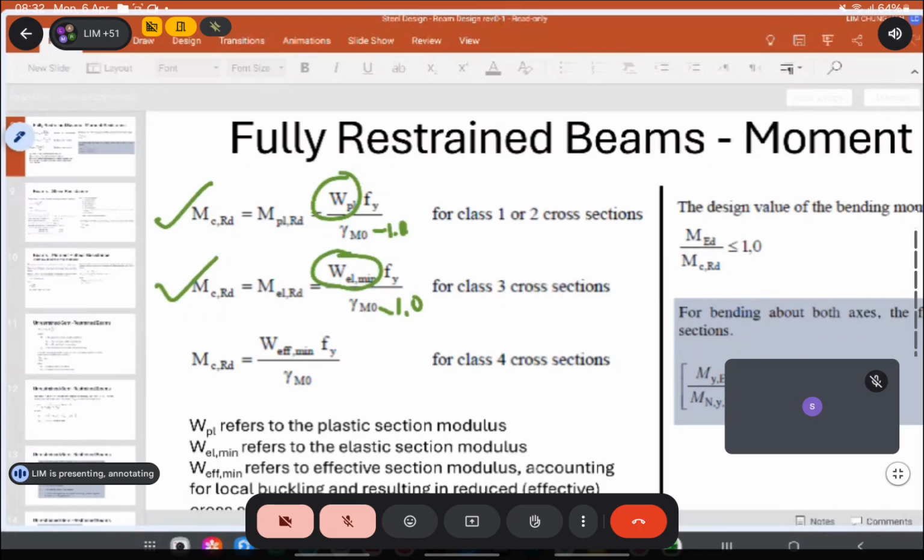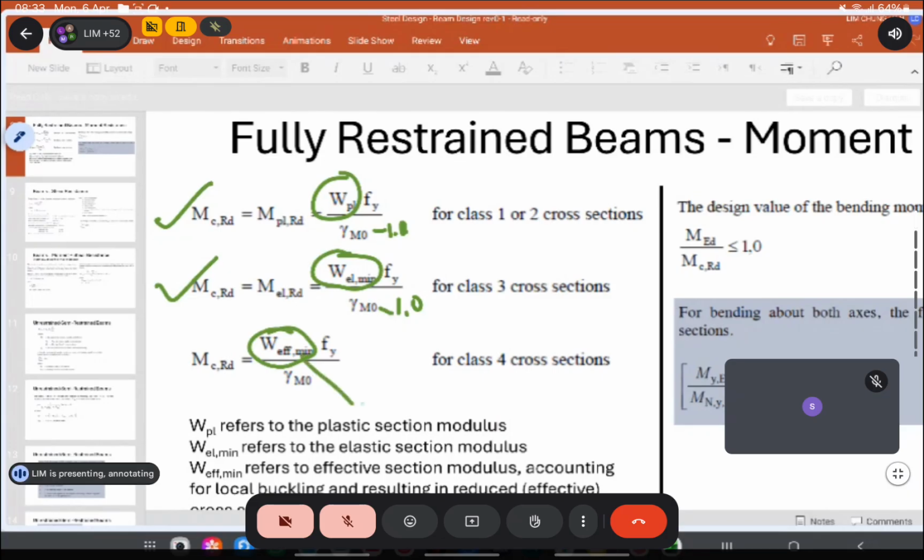Most of the time it's one of these classes. Now, if your beam somehow ends up as a class 4 section, then this one you have to calculate on your own. The W that you use is not from the table. You cannot use the W from the table because you have to use W effective, the effective section modulus.